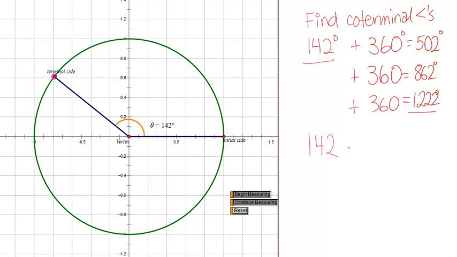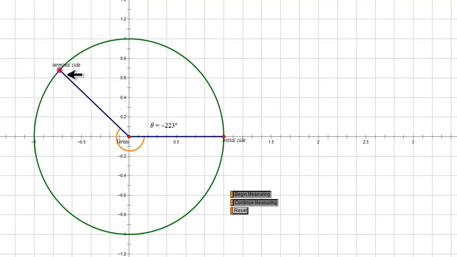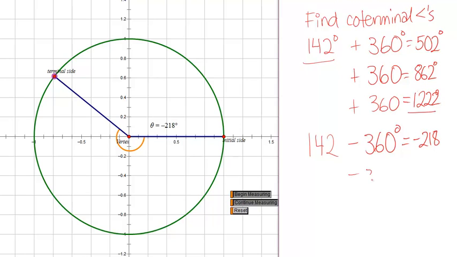But we could have taken 142 and subtracted 360. What do we get? If we subtract 360, we're going clockwise, and that becomes negative 218. Let's see if that is the same. Negative 218, that's approximately where we need to be. You could keep subtracting 360 as many times as you like, and you'll still be landing in the same position.